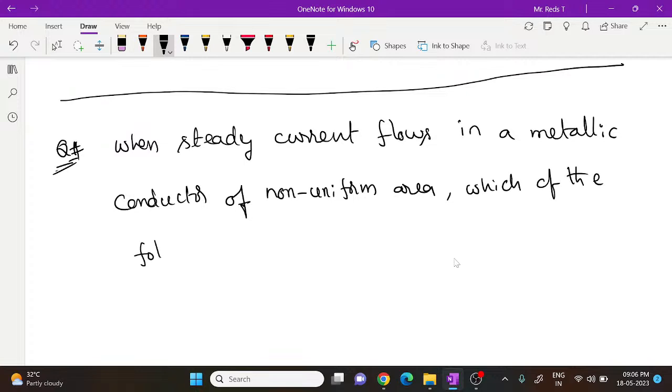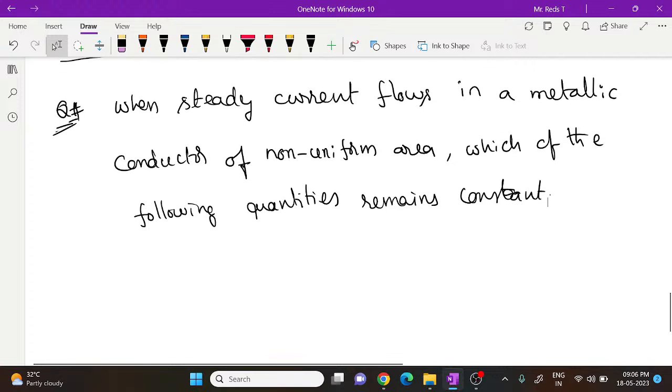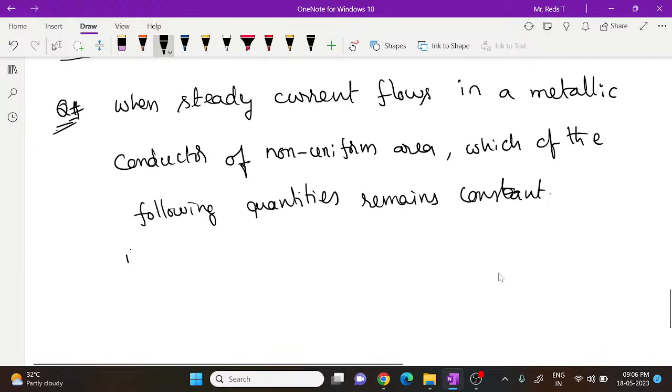Which of the following quantities remains constant? Options. First option, electric current.